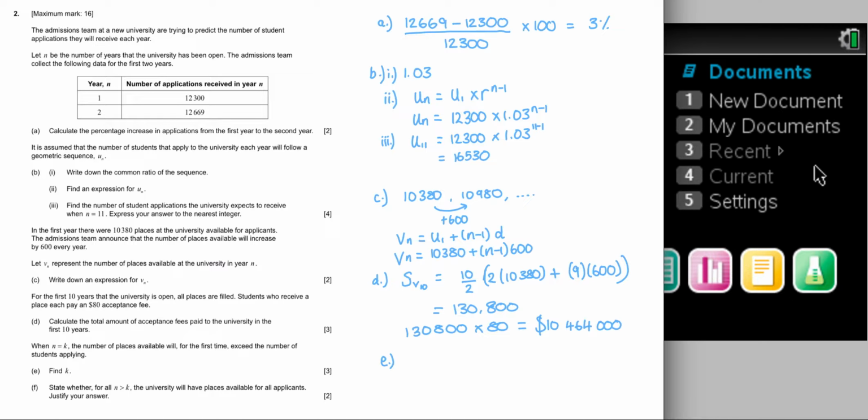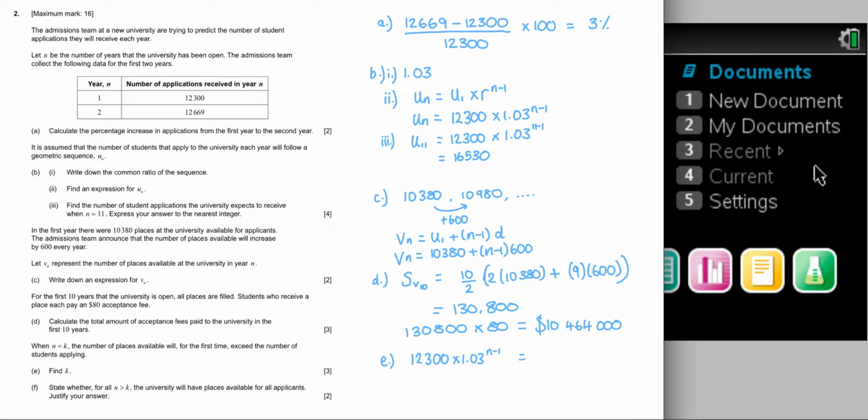We're trying to find out, essentially, where the two sequences are equal to each other, so that we can then start to think about when is it that one of them is going to be bigger than the other, okay? So the first sequence, we've already written down the rule of it, and this is the number of people applying, is 12,300 times 1.03 to the power of n minus 1.